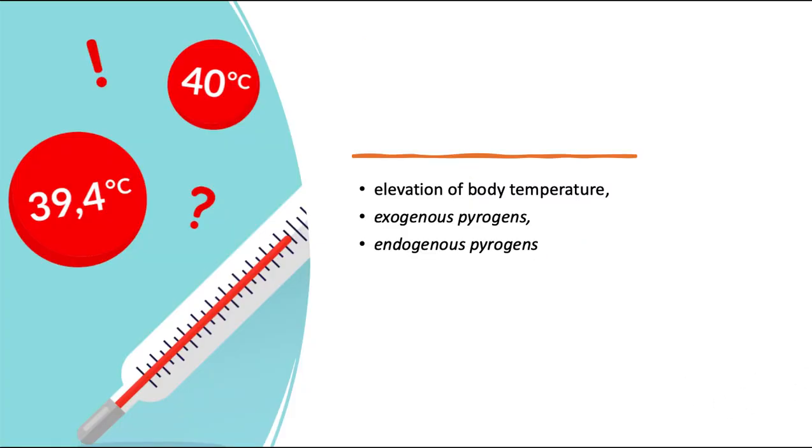Fever, characterized by an elevation of body temperature, usually by 1 to 4 degrees, is one of the most prominent manifestations of the acute phase response, especially when inflammation is associated with infection. Substances that induce fever are called pyrogens.